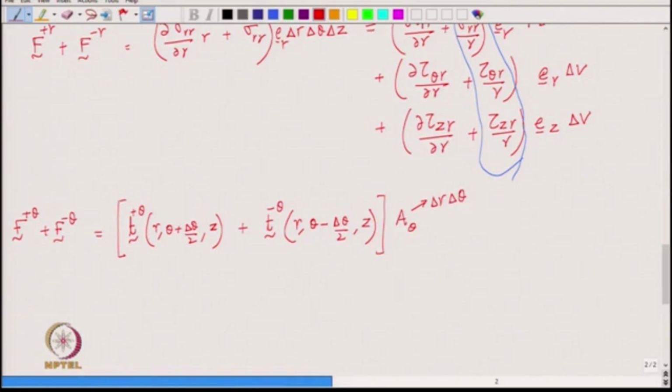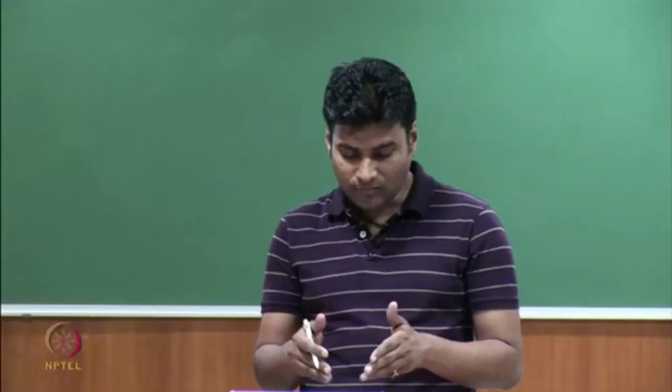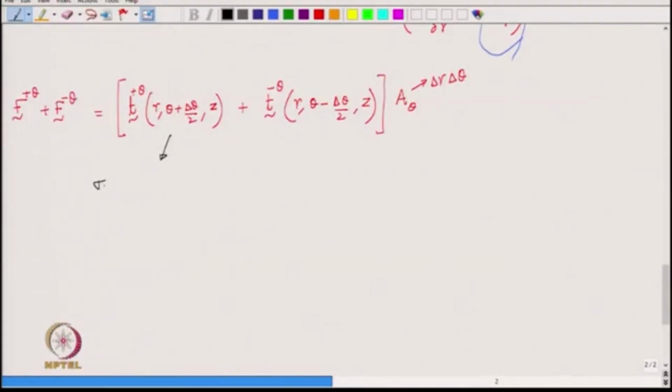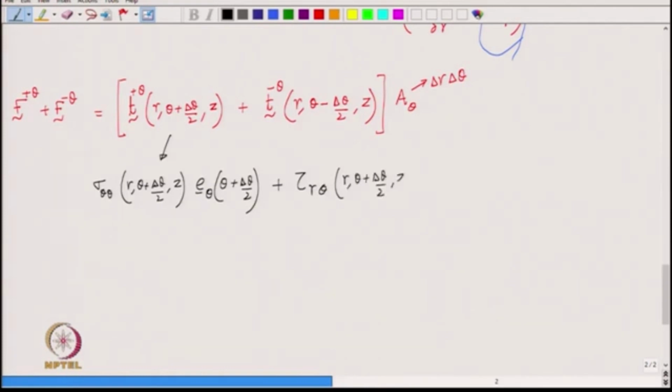All right. And now, we have to think of doing the Taylor's expansion. So, let us think of t plus theta first of all. t plus theta is sigma theta theta at r comma theta plus delta theta by 2 comma z into E theta, but E theta is also at theta plus delta theta by 2, because E theta is also changing, plus tau r theta at r comma theta plus delta theta by 2 comma z into E r, but E r has also changed.